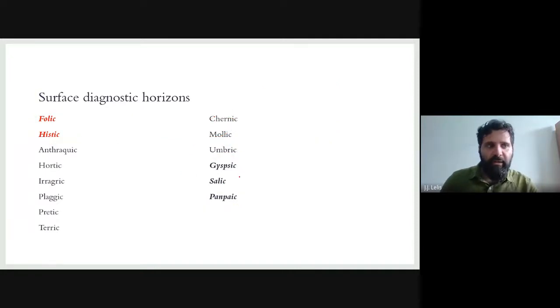They have a specific property in common: these two horizons could be surface or subsurface horizons. So we can find them in the surface or in subsurface, okay? And they are related to locations, to areas that have a dry climate, that present a higher evapotranspiration than precipitation.